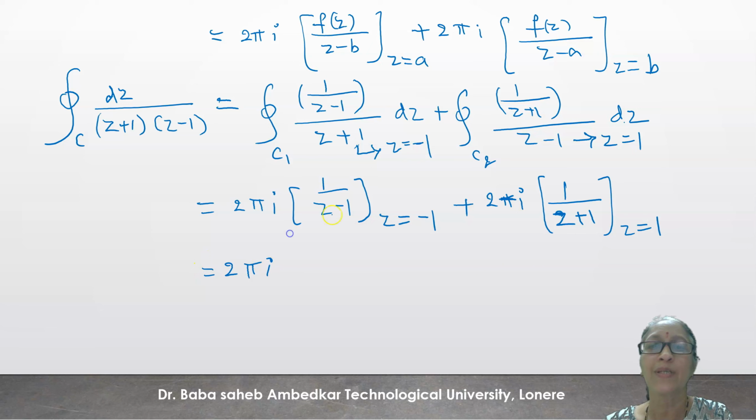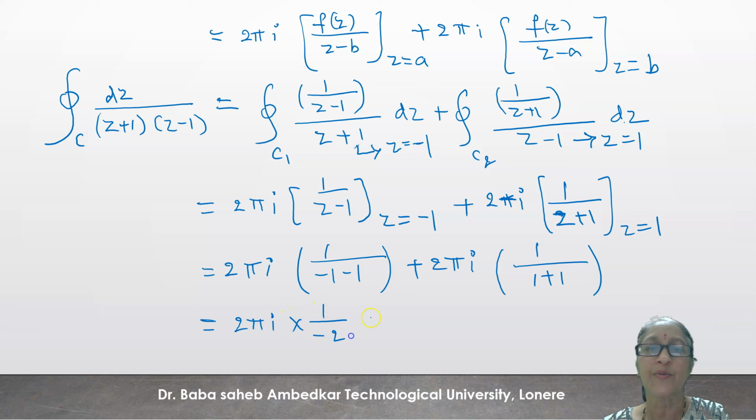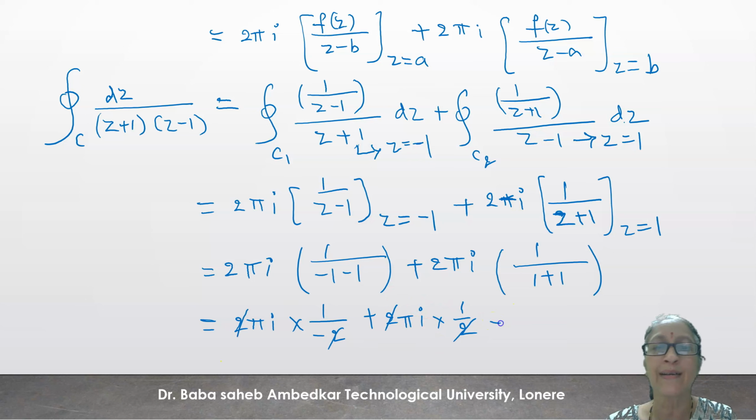That means put z equal to minus 1: 1 by minus 1 plus 2 pi i, here 1 by 1 plus 1. Then what do you get? 2 pi i into 1 by minus 2 plus 2 pi i into 1 by 2. So here minus 2 plus 2 get cancelled.